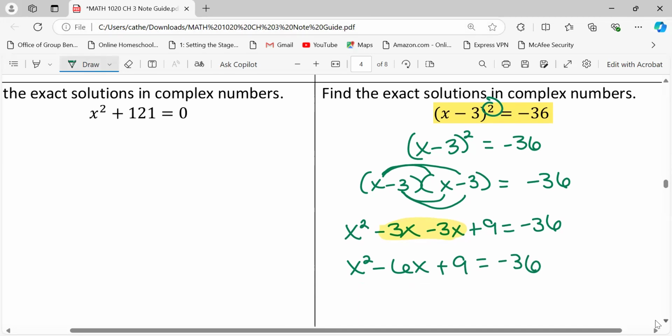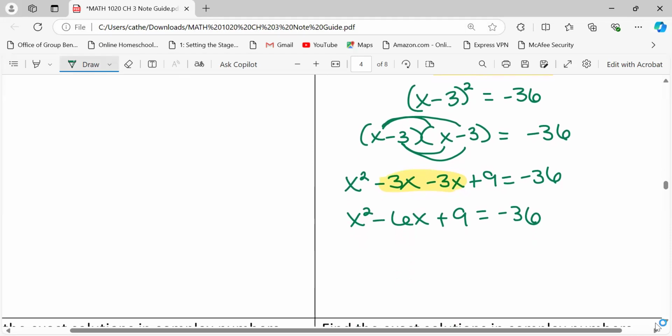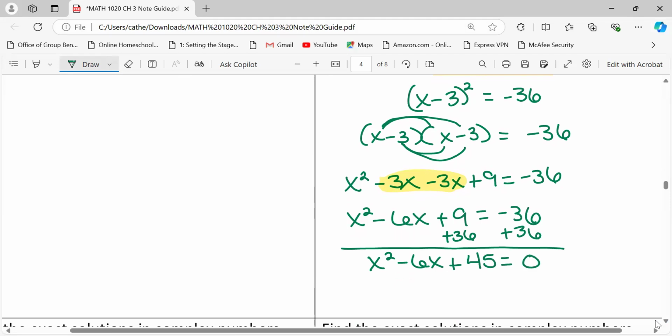And remember, these need to be equal to 0. So let's add the 36 to both sides. So x squared minus 6x plus 45 is equal to 0.